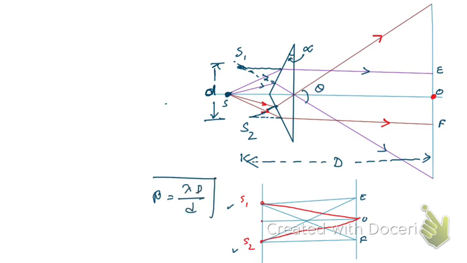From here we can obtain the wavelength: lambda equals beta d by capital D. If you know the values of capital D, small d, and the fringe width beta, then you can determine the wavelength. Now let me write the theory here and the meaning of the symbols, and let me paste a proper diagram. Just give me a second.